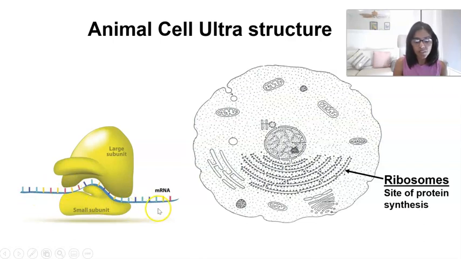Now, what we need to know right now is that ribosomes are where protein synthesis takes place. So every time your hair grows or your nails grow or you put on muscle, it's ribosomes that are building that new protein for you.